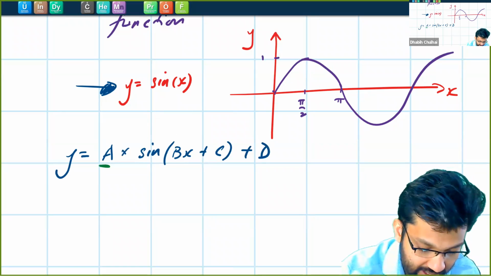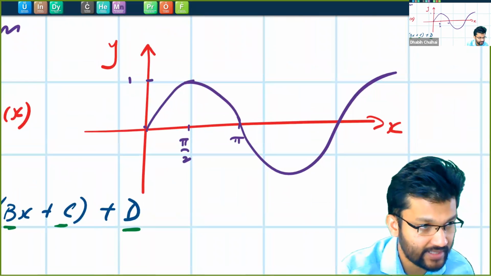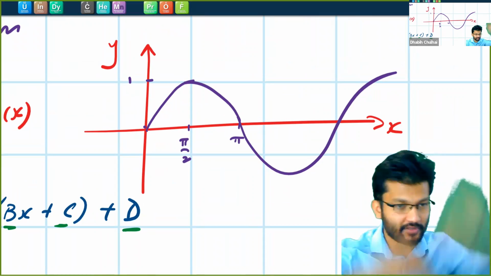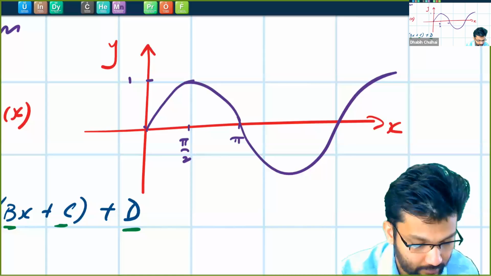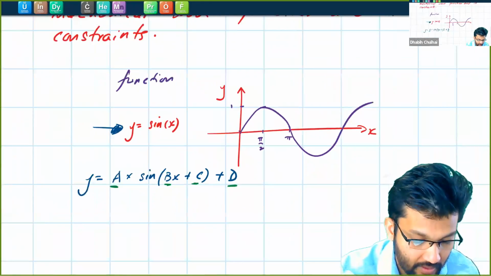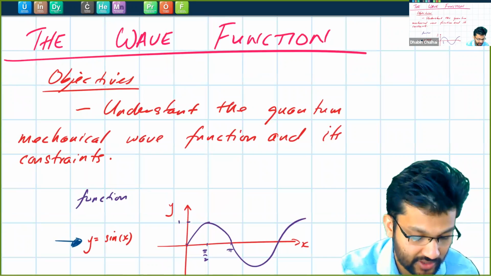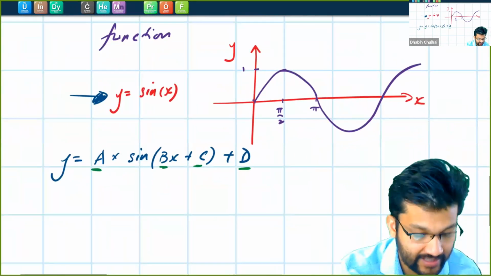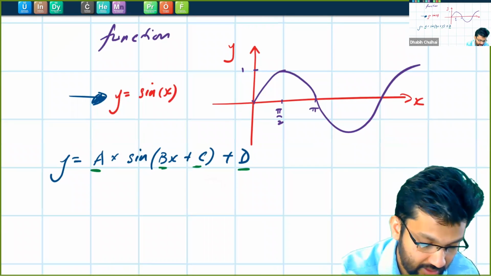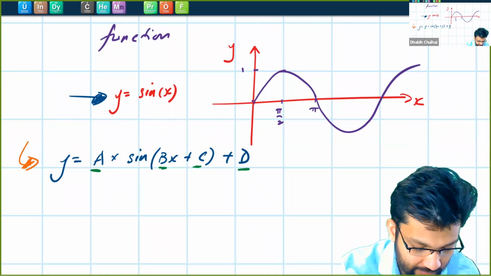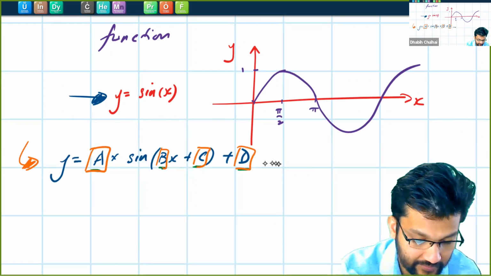So in this equation here, A, B, C, and D, for example, will all change this sine wave in different ways. It'll stretch it or shrink it, stretch it horizontally or vertically, or shift it, that sort of thing. So we need functions to describe electron motions as waves, and sine waves are an example of wave functions. In your next Jupyter notebook, you're going to look at a simple sine wave like these and try to figure out what all these A, B, C, and D things would do to the wave, like I mentioned.